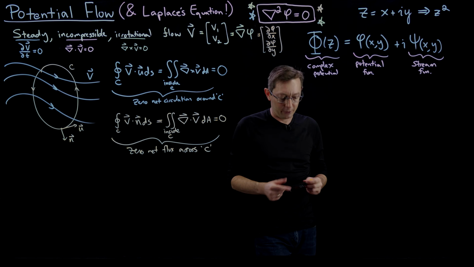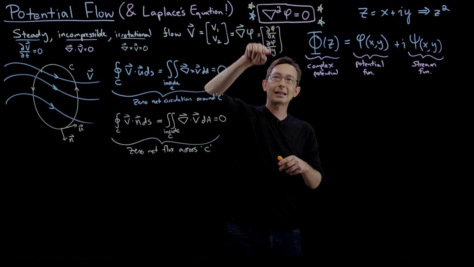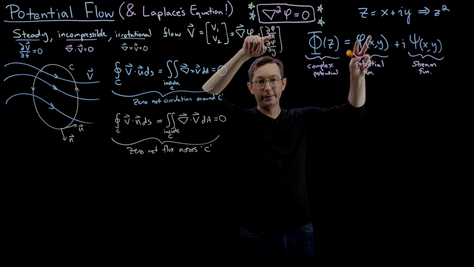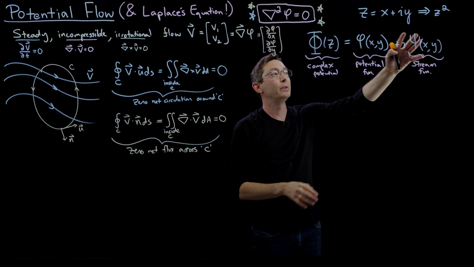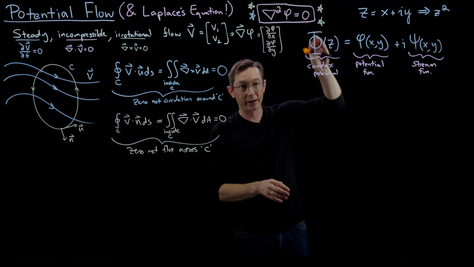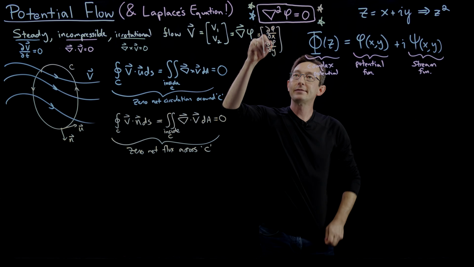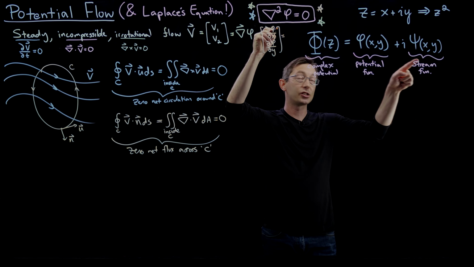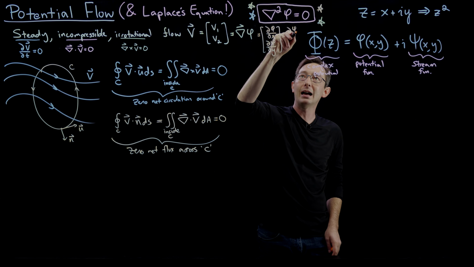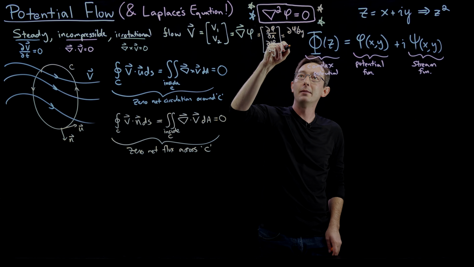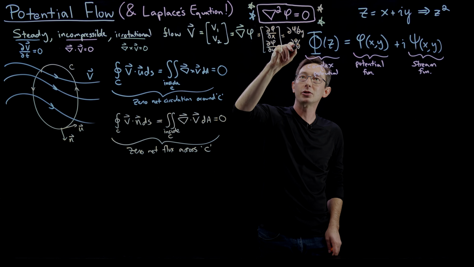And I'll also point out you can get the exact same flow, these functions phi and psi are related to each other. They're not completely independent because they're the real and imaginary part of an analytic function z. And so this vector field can also be derived through the stream function as partial psi partial y and minus partial psi partial x.